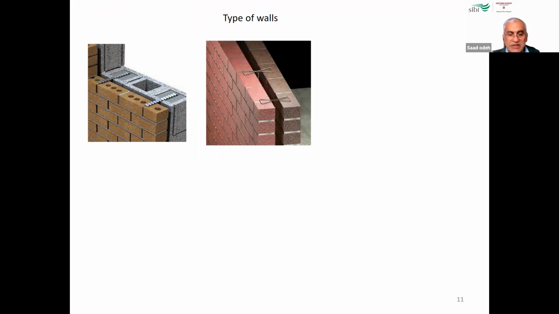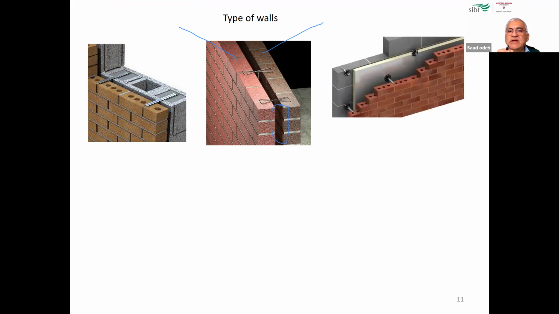Another type, this is double brick, with an air gap between them. As you can see, we have layer 1 of the brick and layer 2, and also the air gap between them. And then this is another design here. We are using insulation. So we have brick outside, concrete block inside, and an air gap, plus the other layer here.